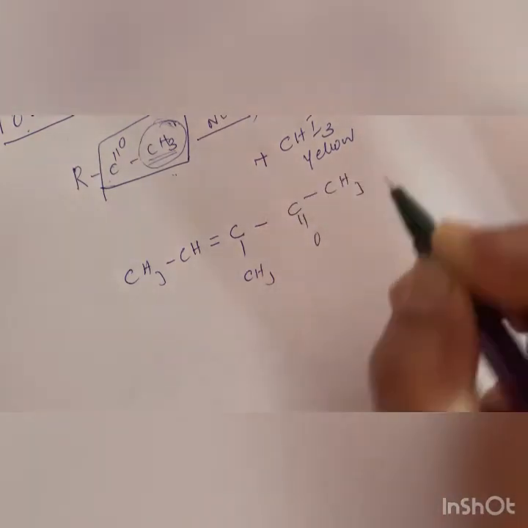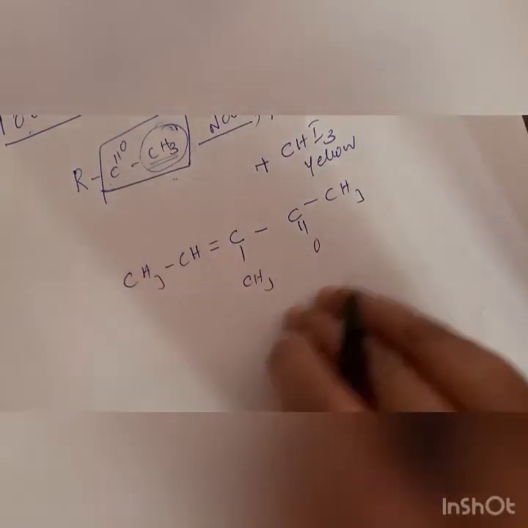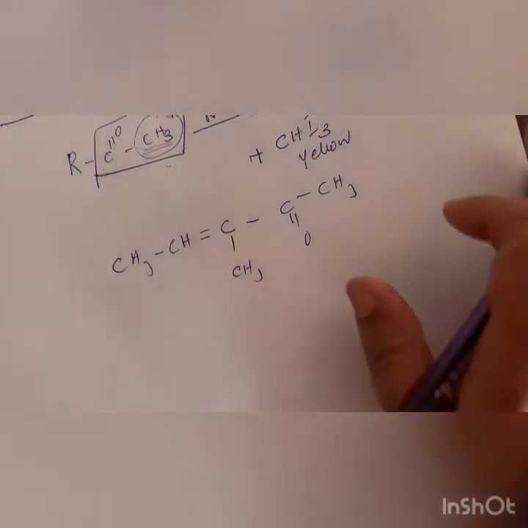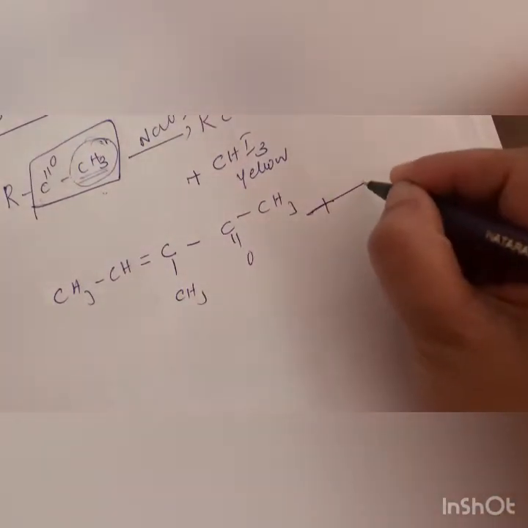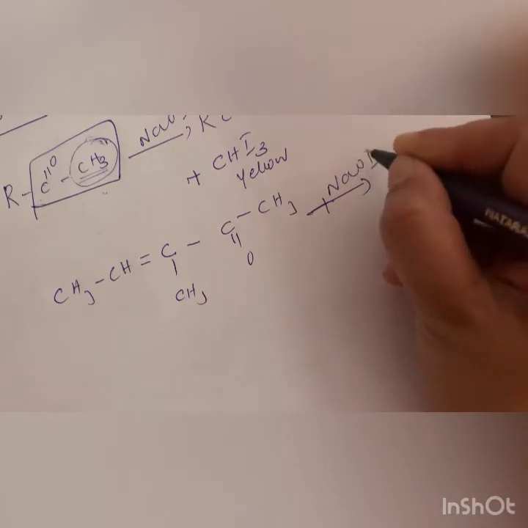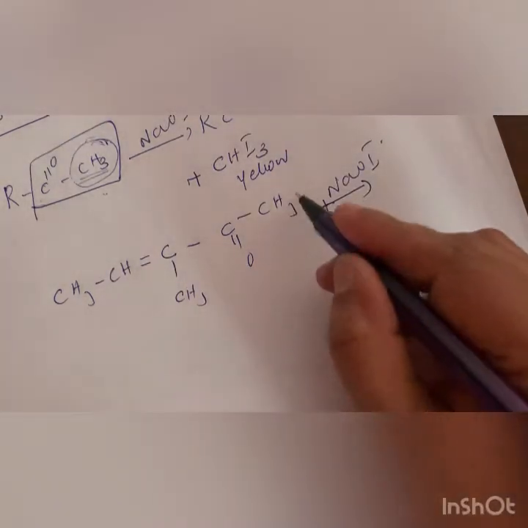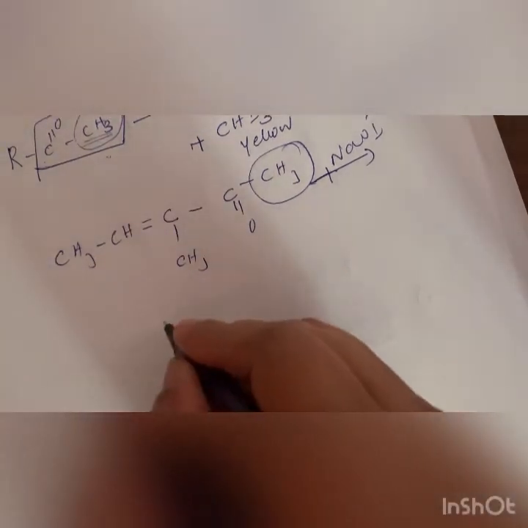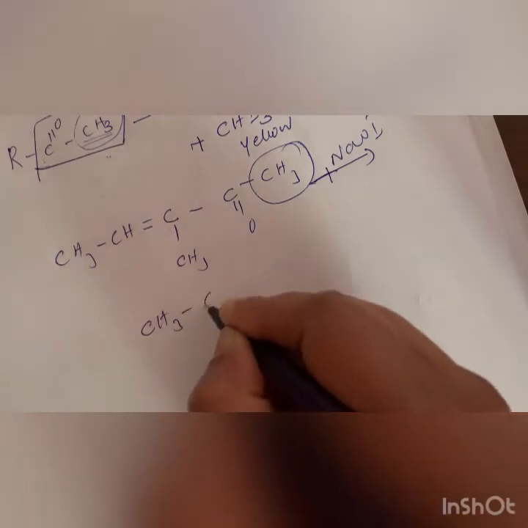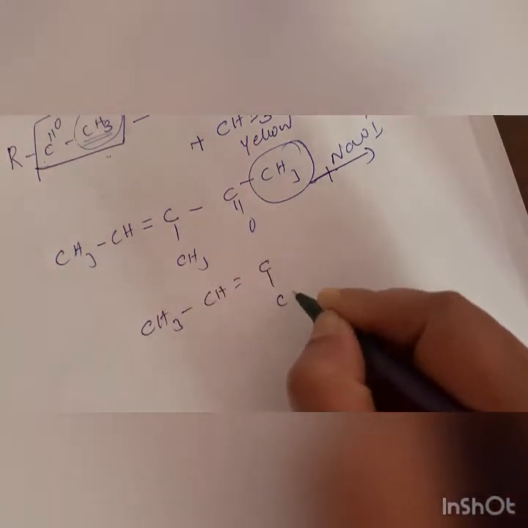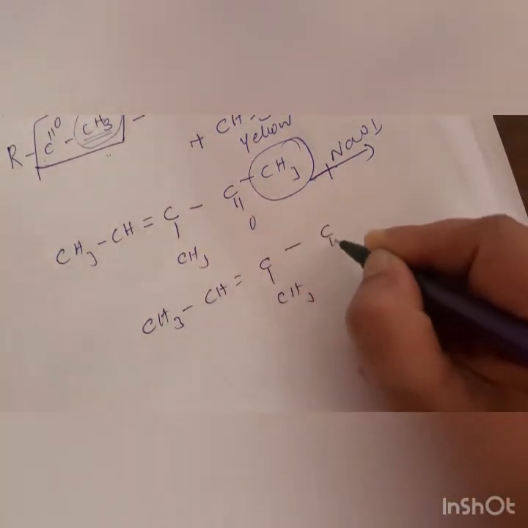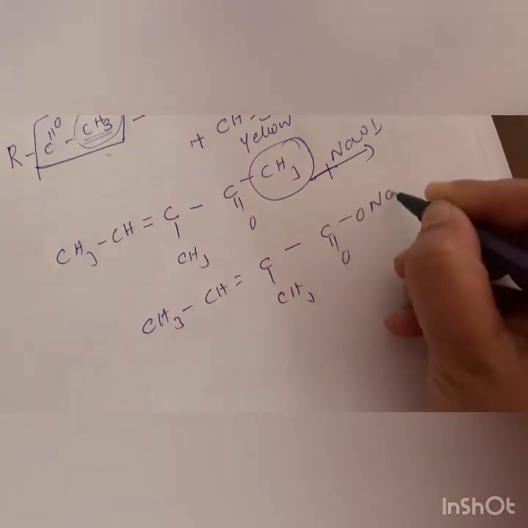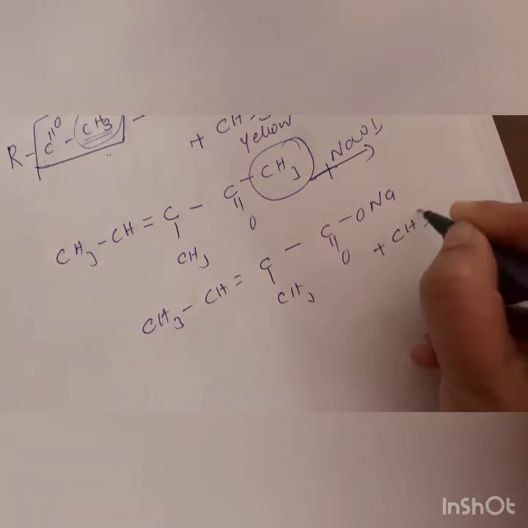This is also a ketone, with substitution and a double bond, everything is there. But if you treat it with NaOI, sodium hypoiodite, in the place of CH3, ONa will come, and CH3 will change to CHI3. So the product is CH3-CH=C(CH3)-C(=O)-ONa plus CHI3.